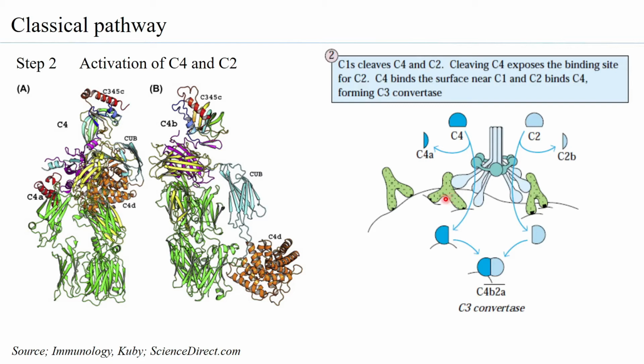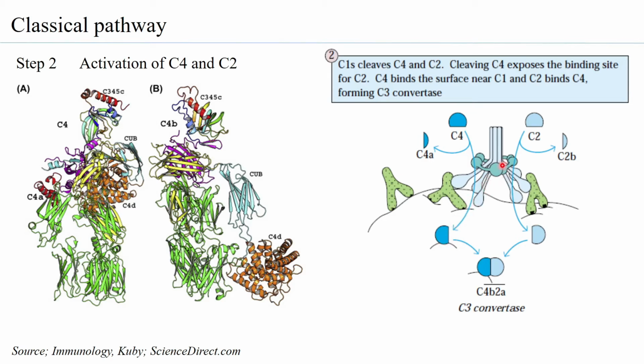So as you can see, the C1s is able to cleave the C4, and what is released is C4a, and the C4b that is formed goes and binds to the surface of the membrane close to the C1 complex. This C4b, as we mentioned, has one domain able to bind to the surface, but the other domain is able to recruit C2. So the position of the C2 is also close to the C1.